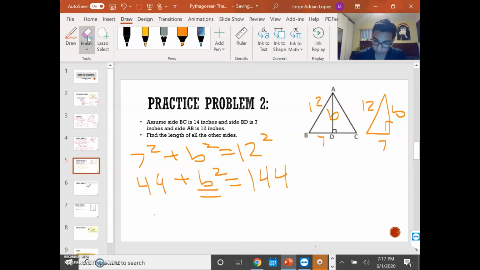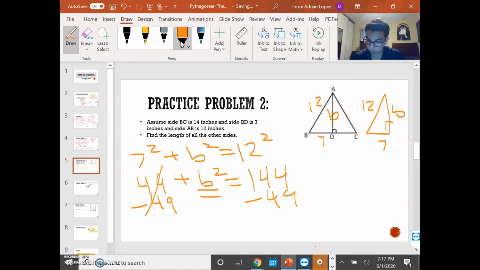How are we going to leave b squared by itself? We need to get rid of this 49, right? If we subtract this 49, we'll get rid of the 49 here, and we'll subtract it from 144 here. So b squared is equal to 144 minus 49.